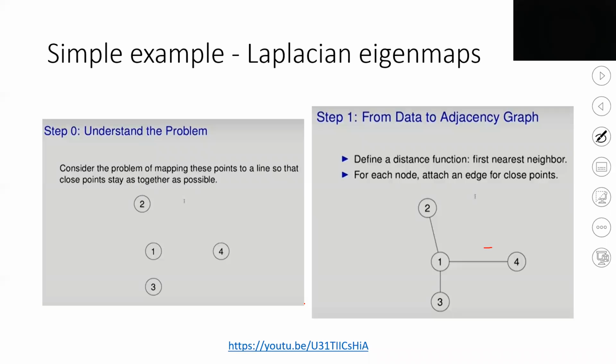This is a small example. We have 4 data points in this 2D space. Then we compute the KNN for them, with K equals 1 here, and the KNN looks like this.